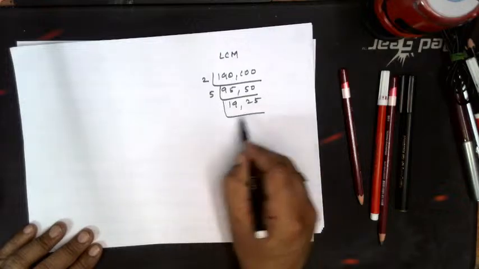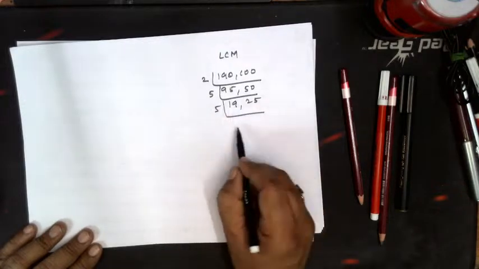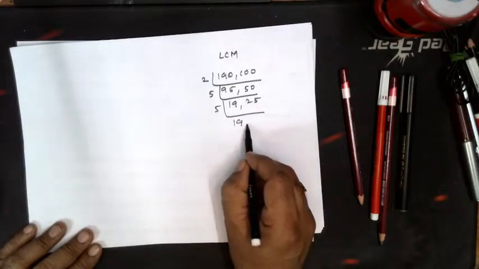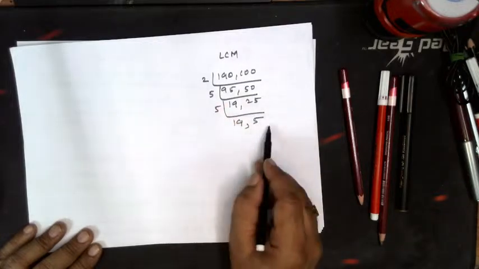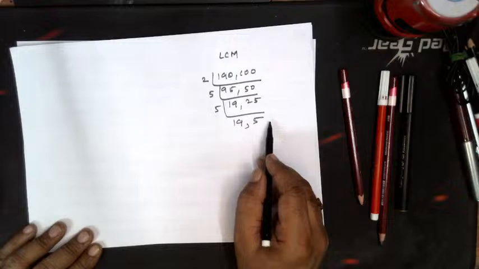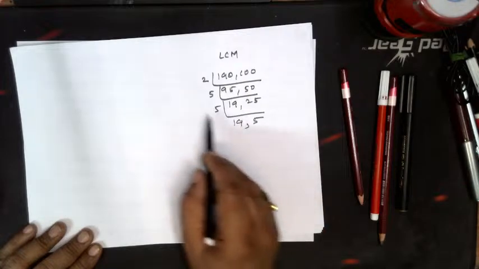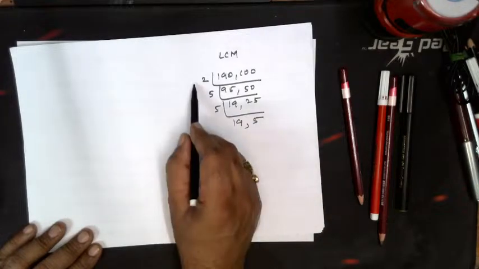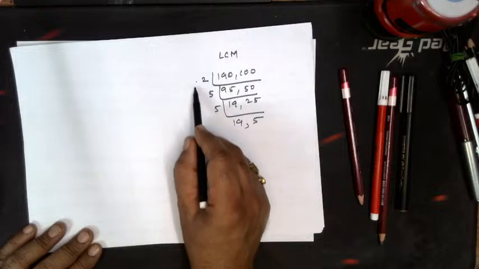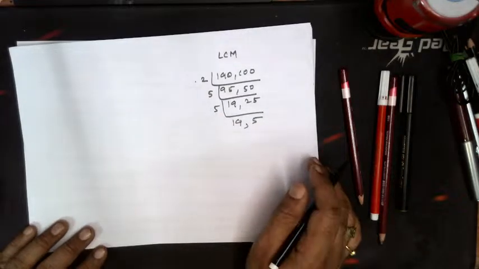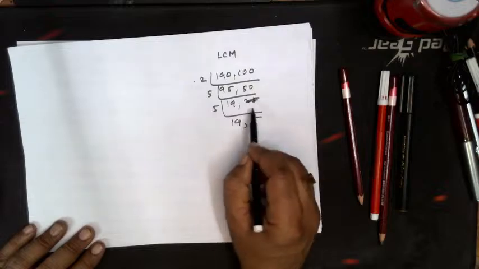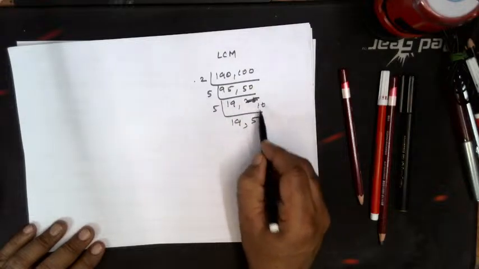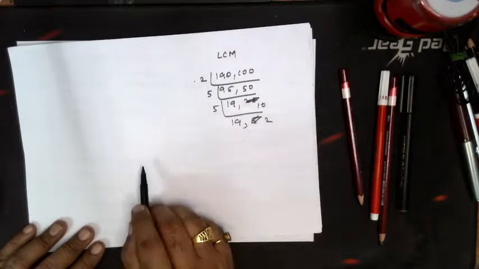So how? You have to divide by this, and this is retained, and this is 5 times. Now all are prime numbers. You can multiply everything. Do you understand this? So multiply everything. That is 5 2s are 10, 5 into 10, 50.